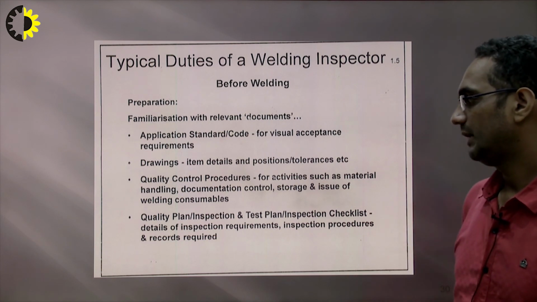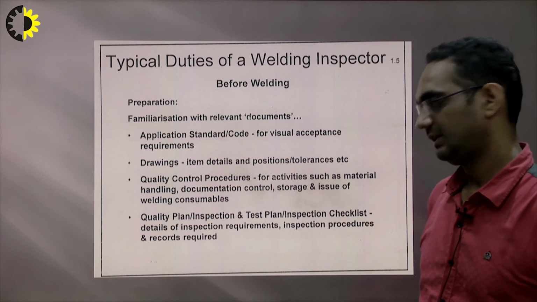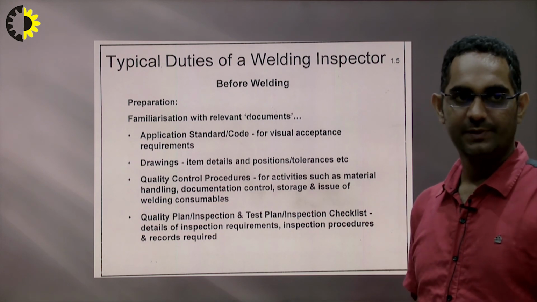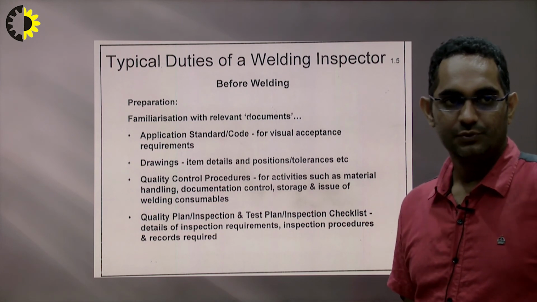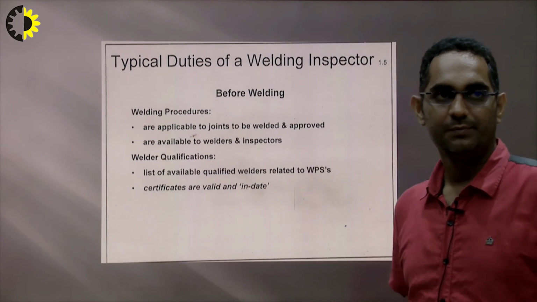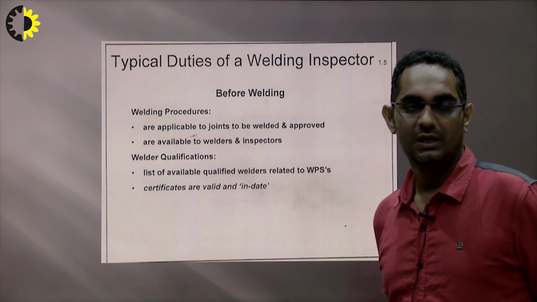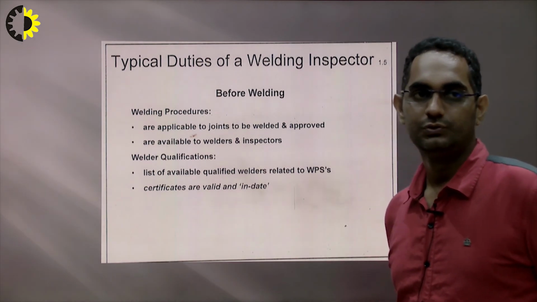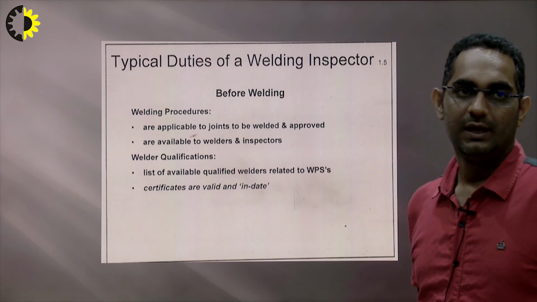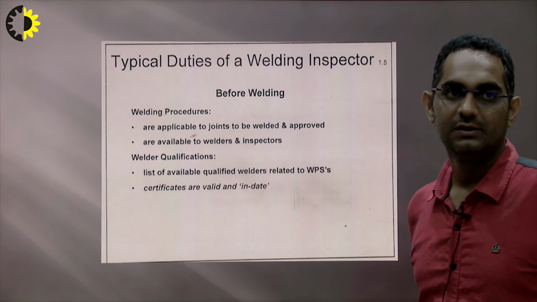Then the quality plan, inspection and test plan, inspection checklist, that is the details of inspection requirements, inspection procedures and records required. Welding procedures should be applicable to the joints to be welded, approved, and available to the welders and inspectors.